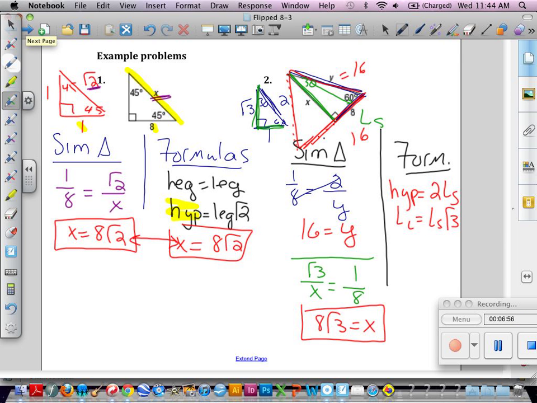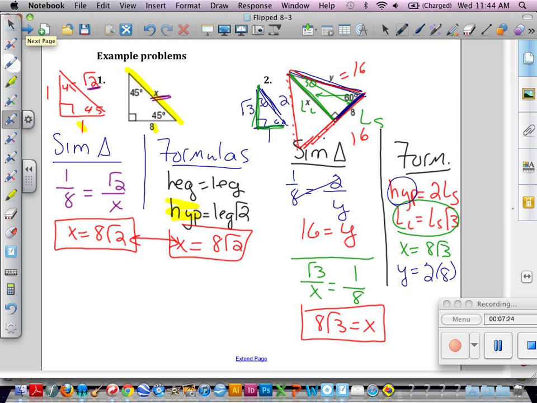Across from it will be the larger leg. So x is the larger leg. So I'm going to use this to find x. X equals short leg is 8 root 3. I'm getting the same answer I got the other way. Now I'm looking for y. Y is the hypotenuse. So y equals 2 short legs. My short leg is 8.